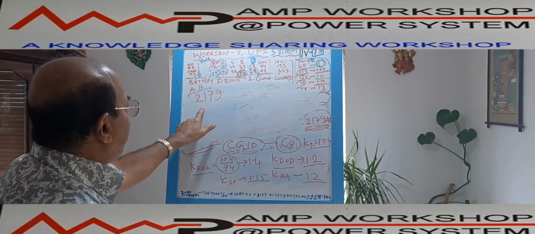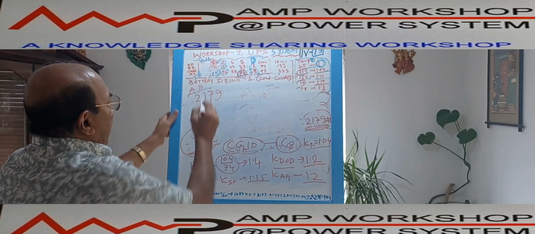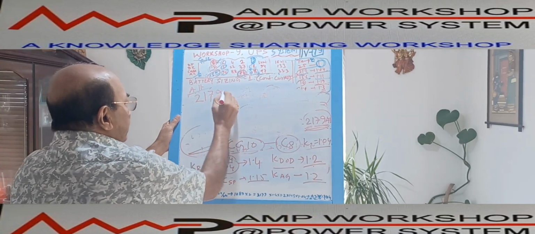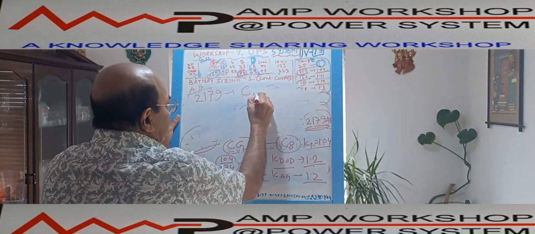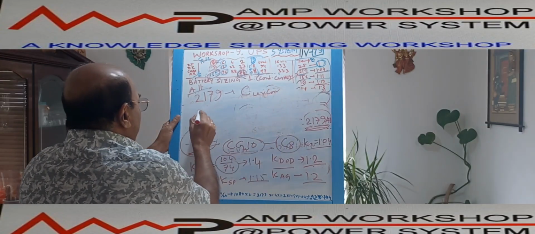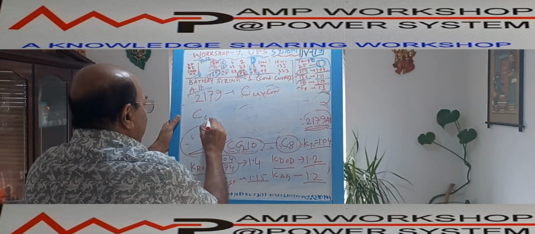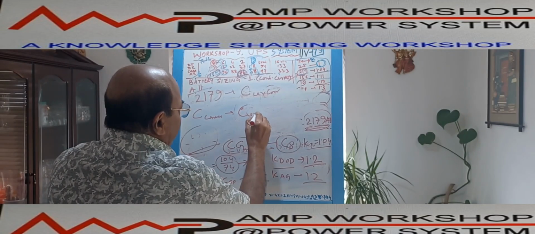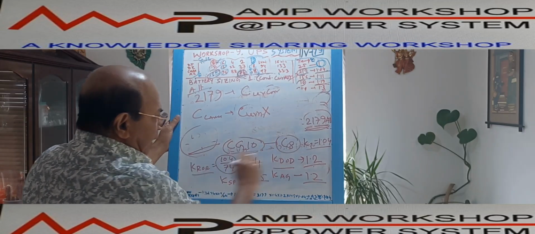To meet this ampere hour, how much ampere hour battery do I need for a C8 battery? First, I calculate the uncorrected capacity. So my corrected capacity, C corrected, equals C uncorrected multiplied by all these factors.